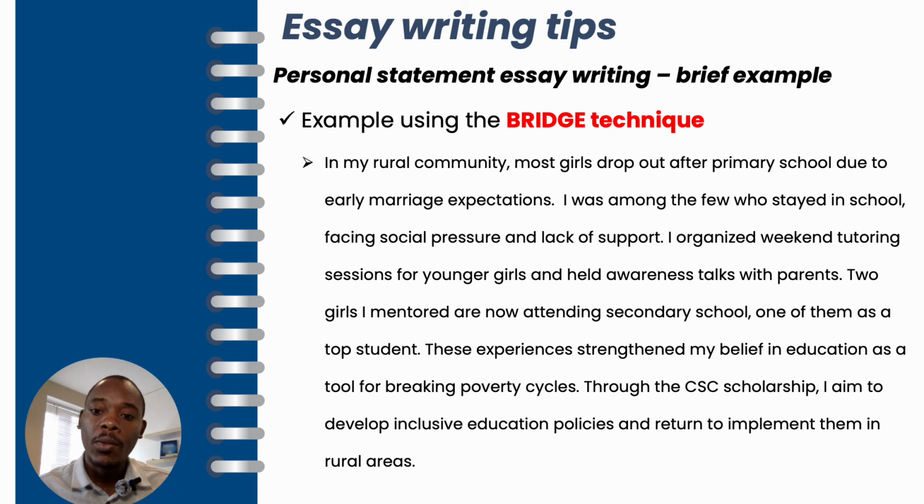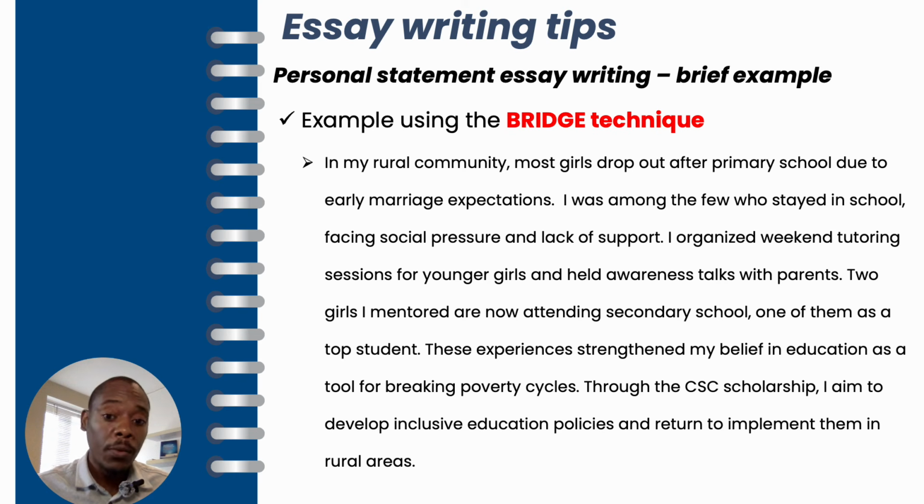And what was the development that came about by you doing this initiative? So 2 girls I mentored are now attending secondary school, and one of them is a top student. So that is a new development that is there.